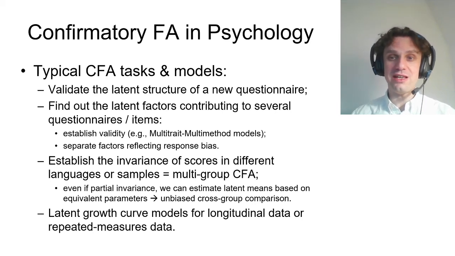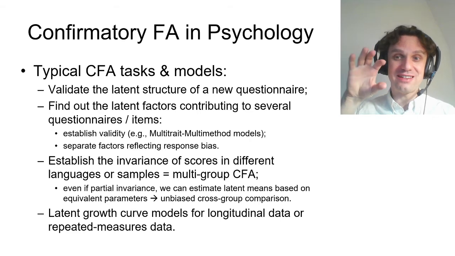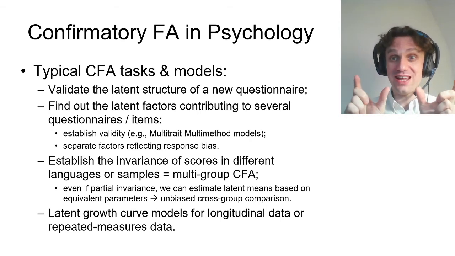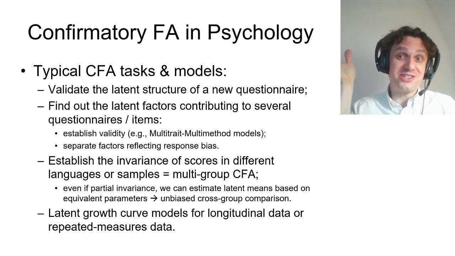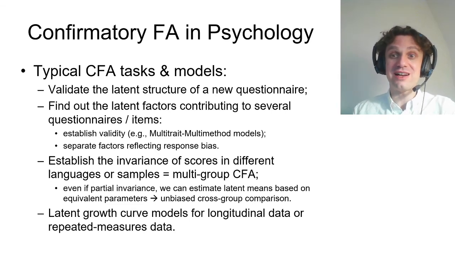And sometimes we even test confirmatory factor models where latent factors are based on indicators from different questionnaires or different sources of information. For example, when we want to establish validity of some kind of measurement procedure, we try to separate the effects of trait from the effects of method, because we know that all self-report questionnaires correlate because of response bias.